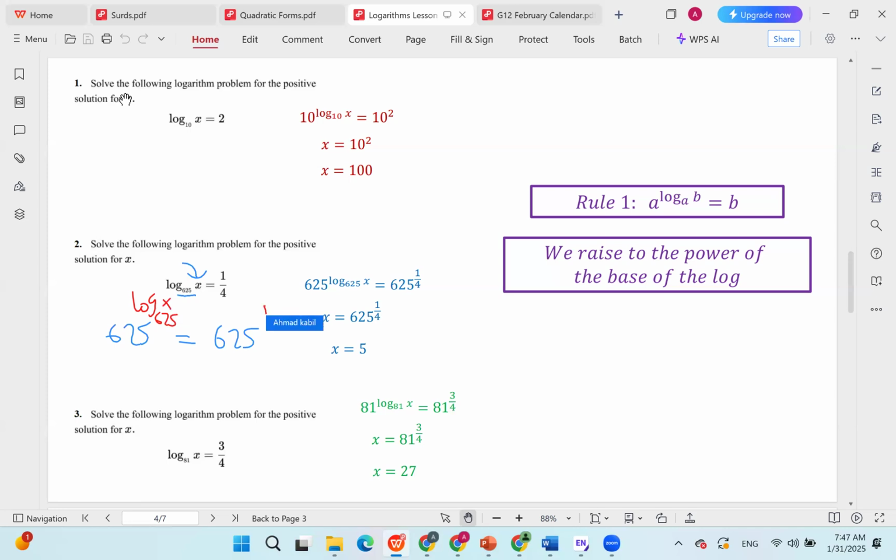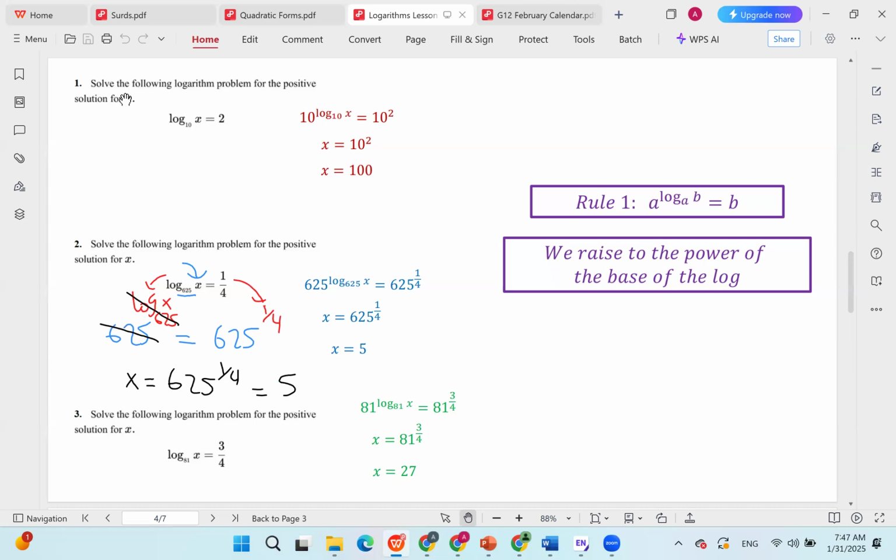And on the right, I have 1 over 4. So this goes here, and this goes there. Now, the advantage is that these will cancel out, and you end up with x equals 625 to the power of 1 over 4. And you can use your calculator to evaluate this, and this gives us 5.